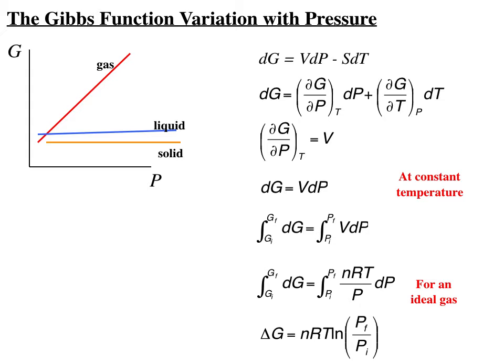Both of these being state functions, I can do them independently like I'm doing here, and I can just evaluate these integrals at the limits of those points of change. If I assume the gas is ideal, I can substitute for volume nRT over P. Then when I integrate both sides of that equation, I will get that the Gibbs function varies with pressure isothermally as nRT ln PF over PI.